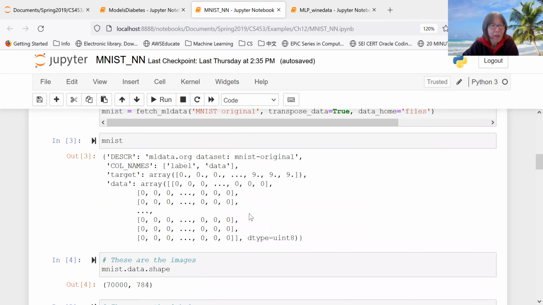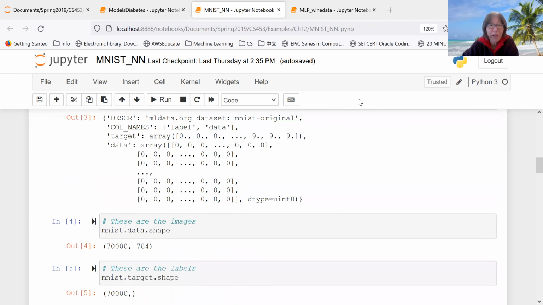So we have the data. If you recall previously, the shape, that's the features. Quite a lot, because it's 28 by 28 pixels. So that's why we have this 784, and we have 70,000 handwritten images.